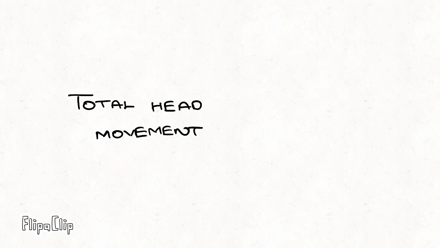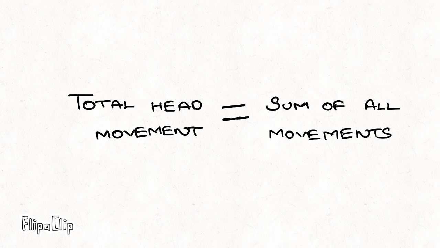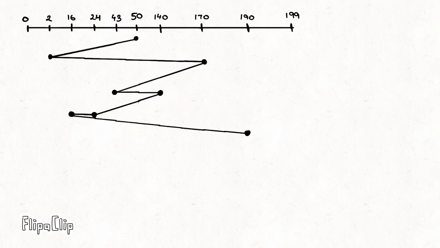The total head movement is calculated by adding the total number of movements of the head, and to find out how much the head has moved from one request to another, we subtract one request from the other. Basically, the lower request is subtracted from the higher request.